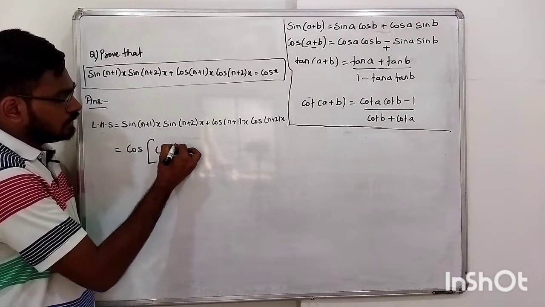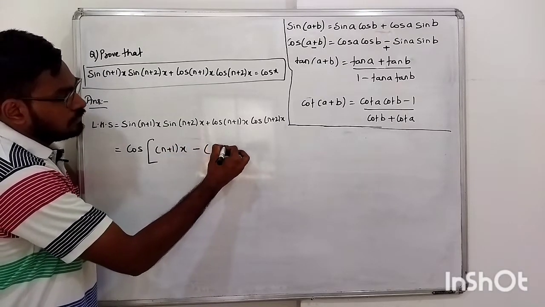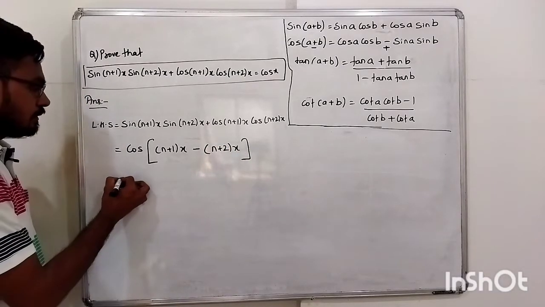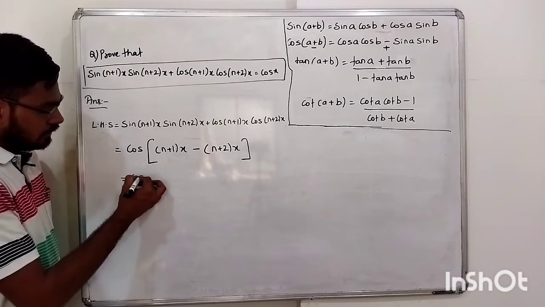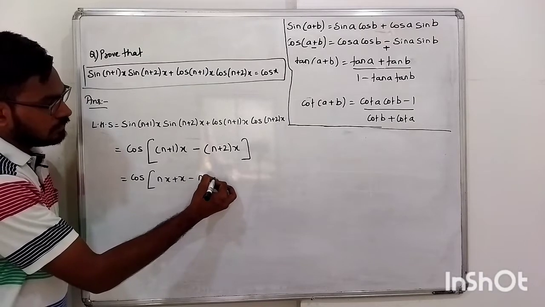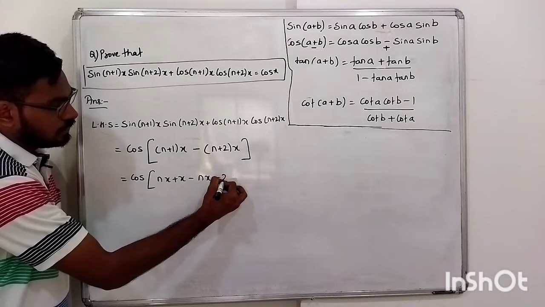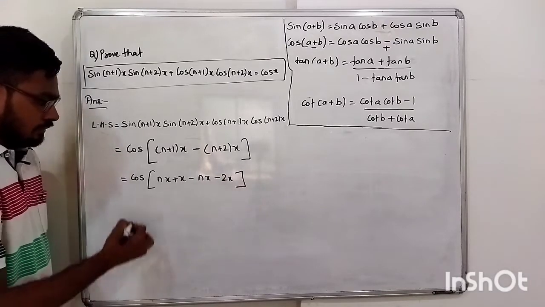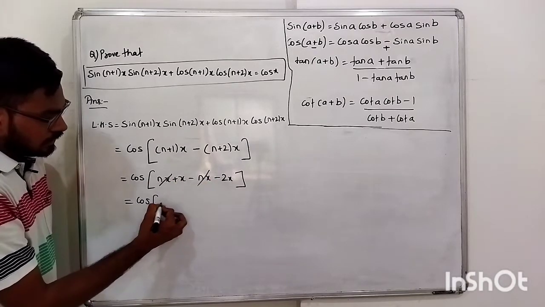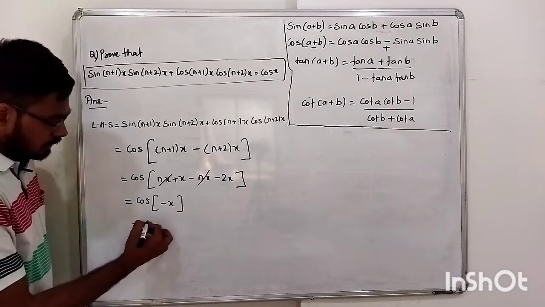Now here what is A? (n plus 1) into x minus (n plus 2) into x, correct? Now just simplify. Cos of nx plus x minus nx minus 2x. The nx terms cancel, x minus 2x is minus x, and we already know cos of minus x is the same as cos x.